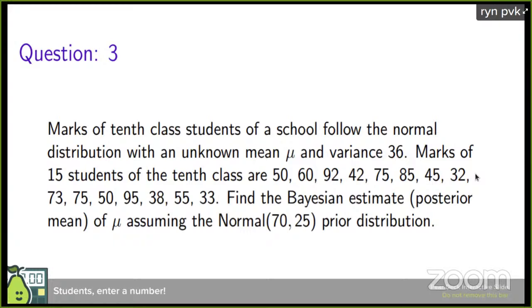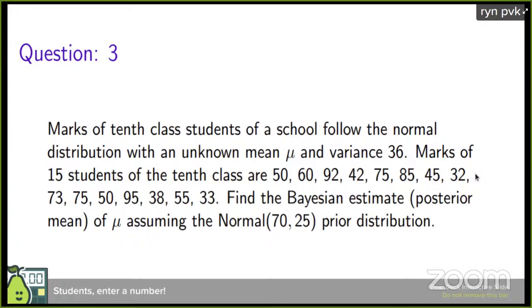We know the sample marks from the 15 students, which are 50, 60 like this. Now find the Bayesian estimate, that is the posterior mean of the unknown parameter mu, assuming the prior distribution as normal 70, 25. What is this normal 70, 25? Prior distribution.